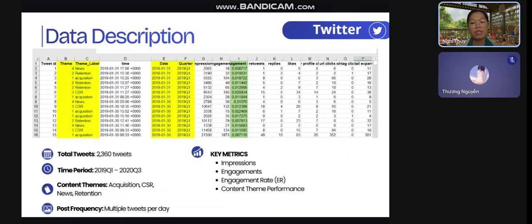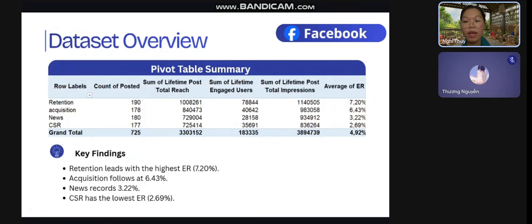After understanding the dataset, let's look at a quick overview before analyzing them in more detail. Okay, this pivot table provides a quick summary of the Facebook dataset. From this overview, we can already see some differences among the four content themes.